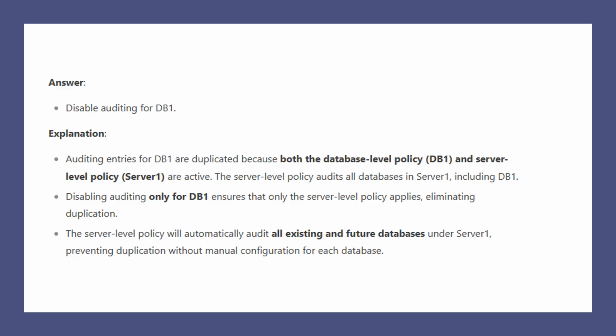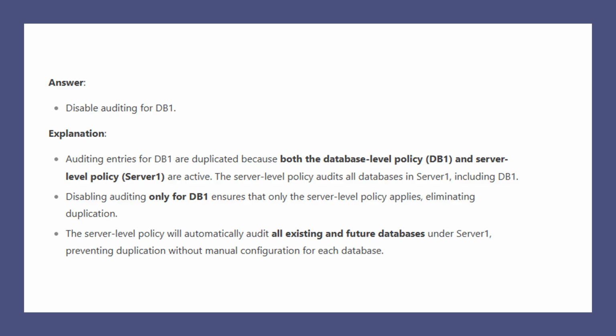The correct answer is disable auditing for DB1. Auditing entries for DB1 are duplicated because both the database level policy on DB1 and the server level policy on Server1 are active. The server level policy audits all databases in Server1, including DB1.